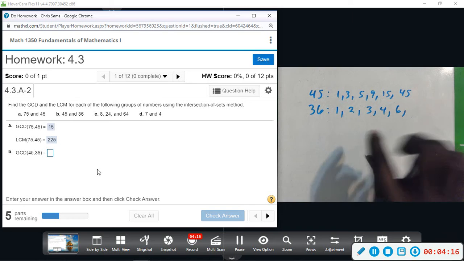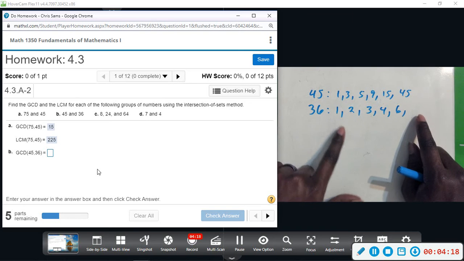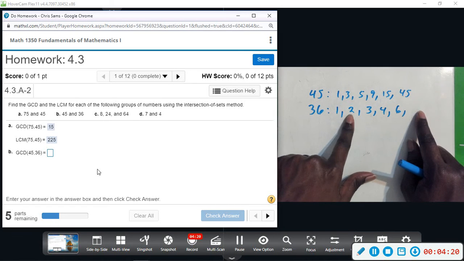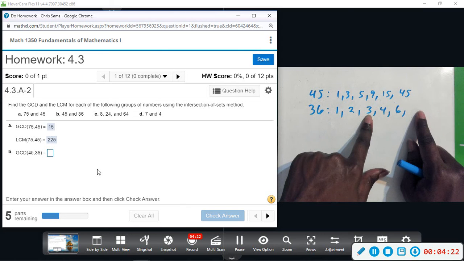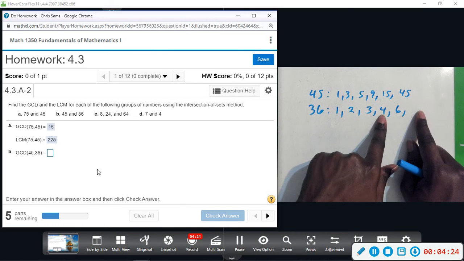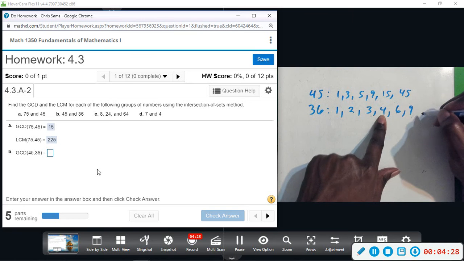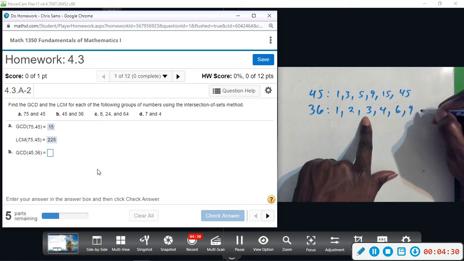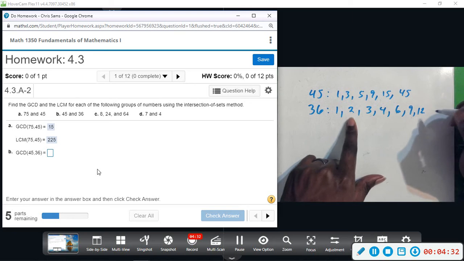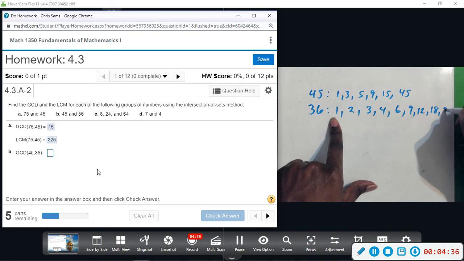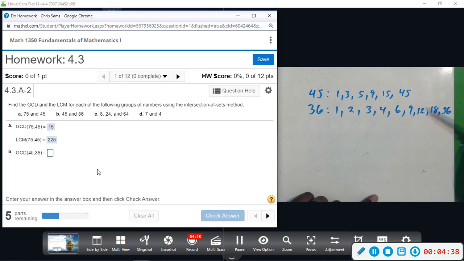I'm going to start on the inside. So 2 and 18, 3 and 12, 4 and 9, and then 3 and 12, 2 and 18, and 1 and 36. Okay. Biggest number they have in common is 9. So greatest common divisor will be 9.